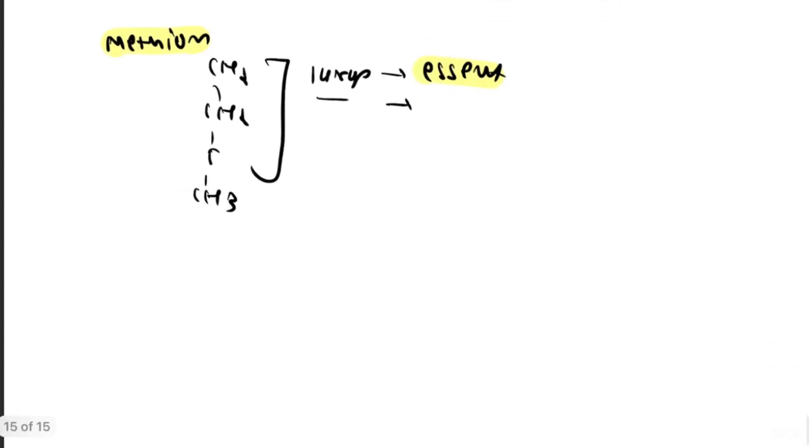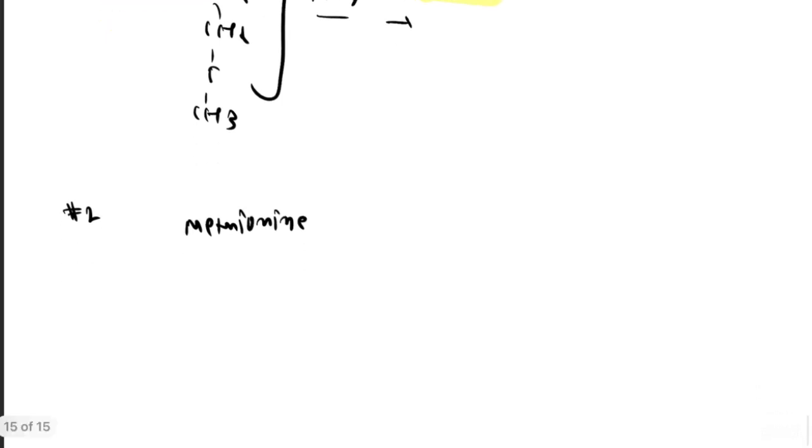Okay, let's talk about point number 2. I'll now talk about some metabolic portion. Normally in our body, methionine is an essential amino acid, so you have to take it from the diet.